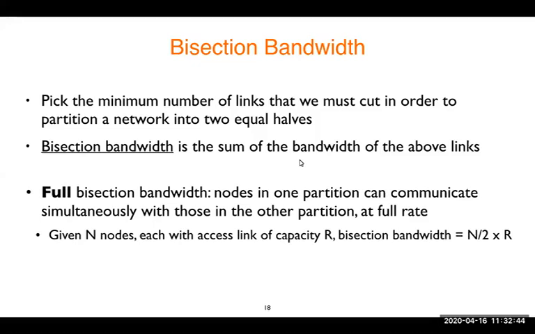And now I'm saying the n by 2 nodes in one partition can talk to the n by 2 nodes in the other partition at the full capacity of their access link. So if I had n nodes, and my bisection bandwidth is n by 2 times r, then I have full bisection bandwidth. Informally, this just means any node in the left can talk to any node in the right at full line rate.